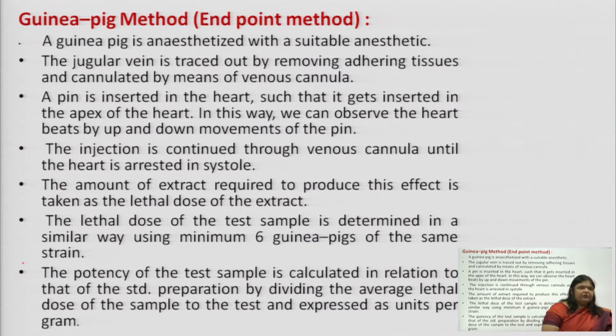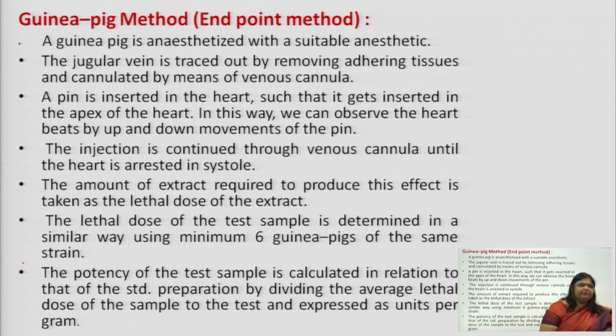Now, a pin is inserted in the heart in such a way that it gets inserted at the apex of the heart. Now, what is the advantage of placing it at the apex? Whenever the heart beats, we can see the movement of the pin, the up and down movement of the pin.